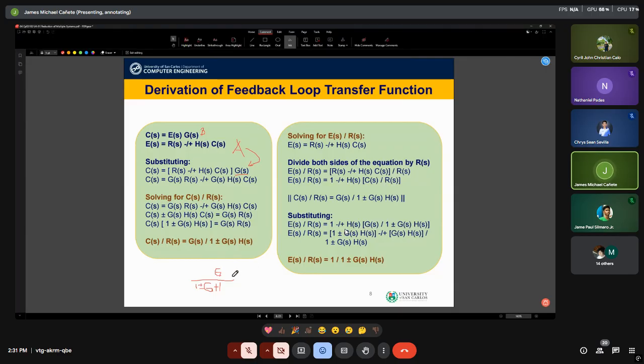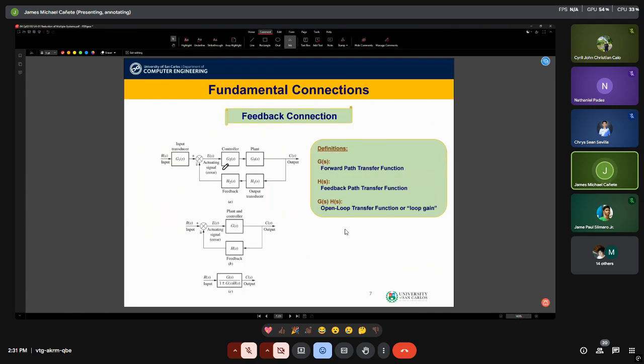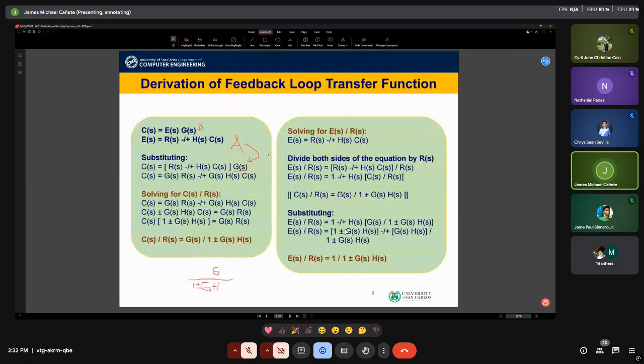Excuse me. Next, we can also simplify this system according to the forward loop. So we want to solve for the forward path transfer function. Essentially the same process.